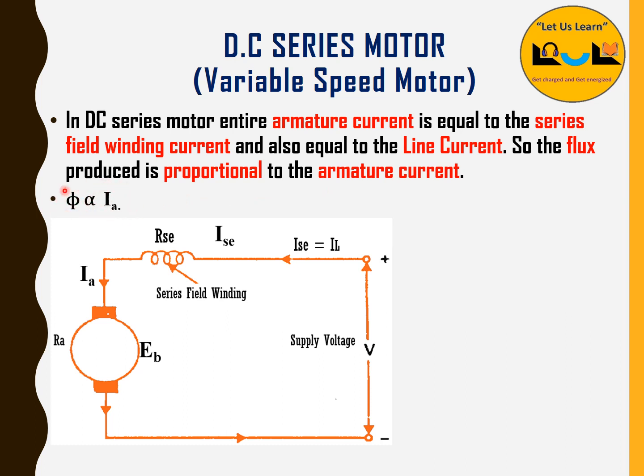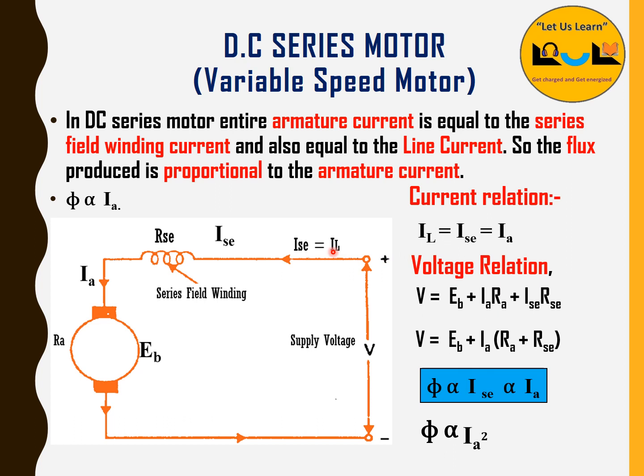So the current relation is IL equals ISC equals IA, because the line current, the series field winding current and the armature current are all connected in series.